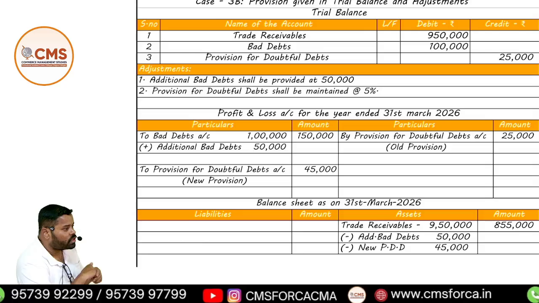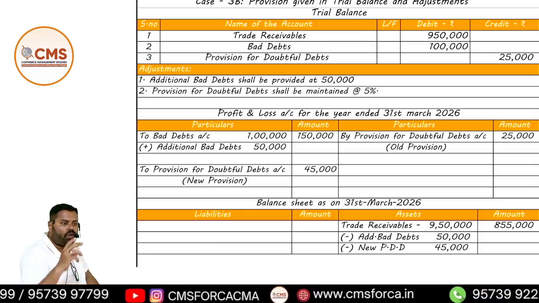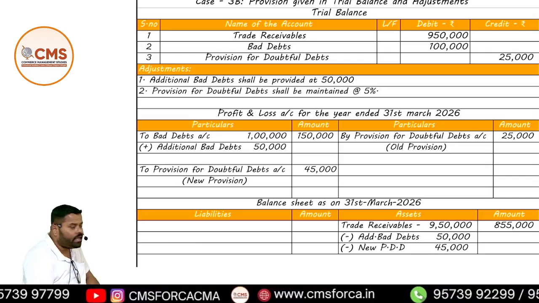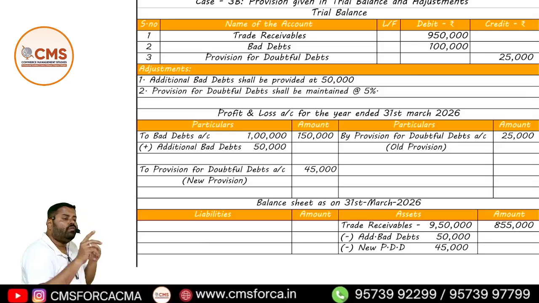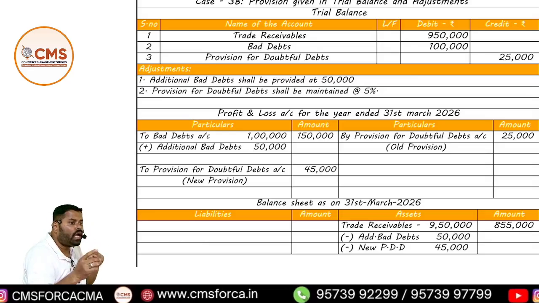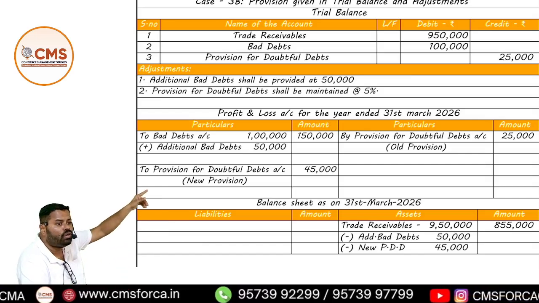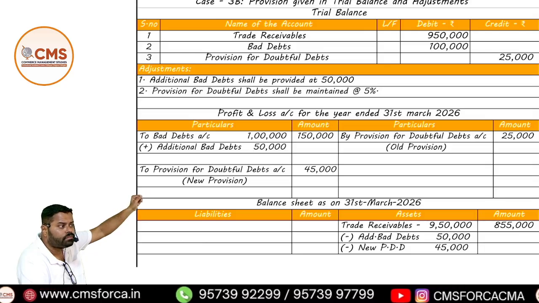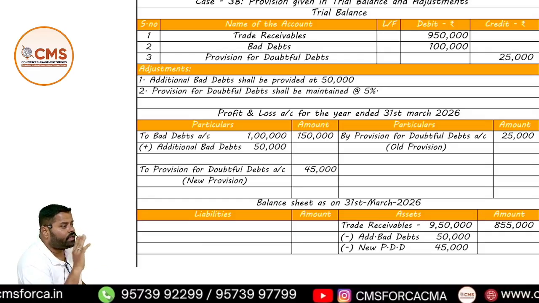Provision for doubtful debts: after getting a shock of 1 lakh, that is bad debts confirmed before preparation of trial balance, I was still having a doubt that I may not receive 25,000 out of that. Let's reiterate that from the beginning.